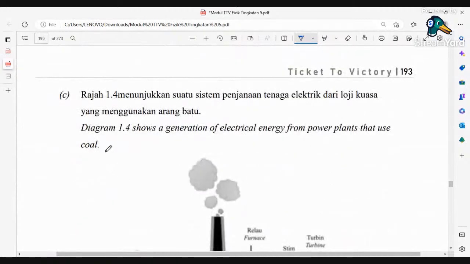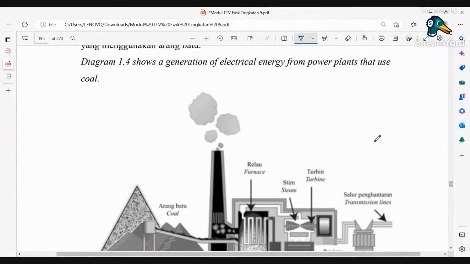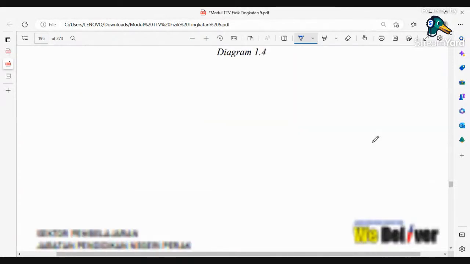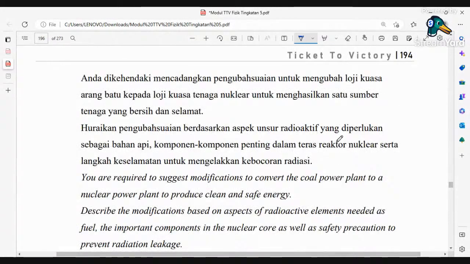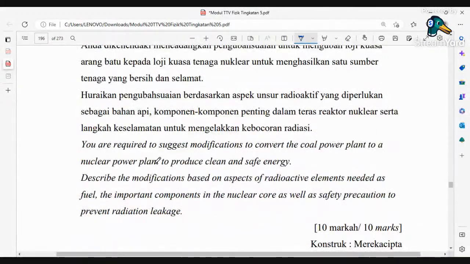Part C, diagram 1.4 shows generation of electrical energy from power plant that use coal. Okay, pembakaran guna coal. Okay, you are required to suggest modification to convert coal power plant to nuclear power plant to produce clean and safe energy. Coal is not, it will cause pollution actually.